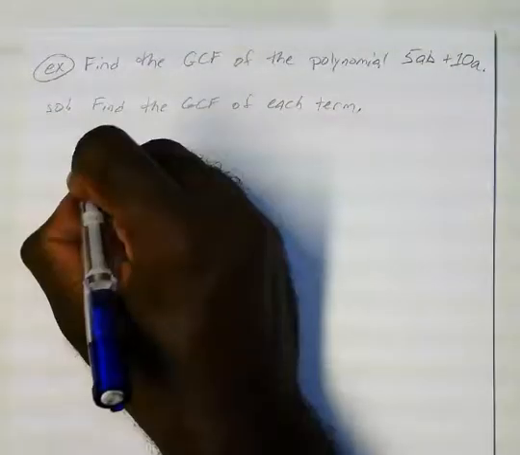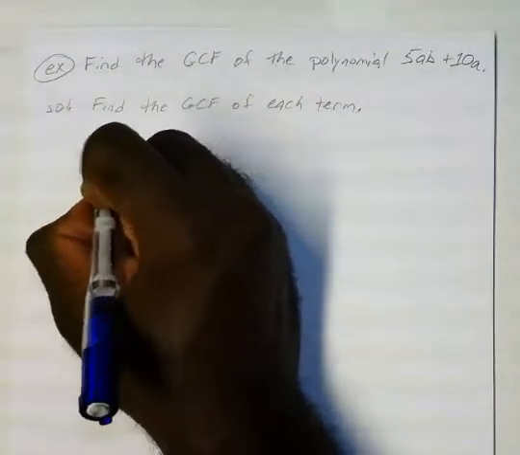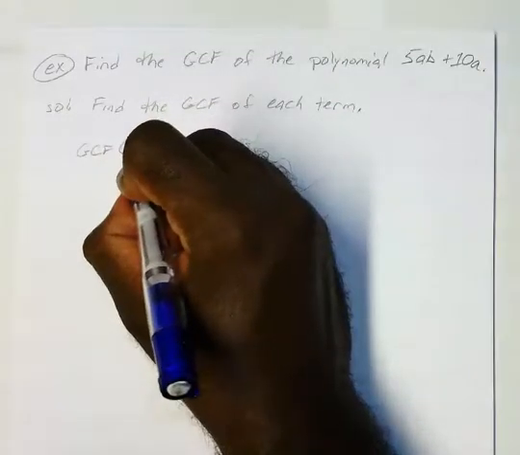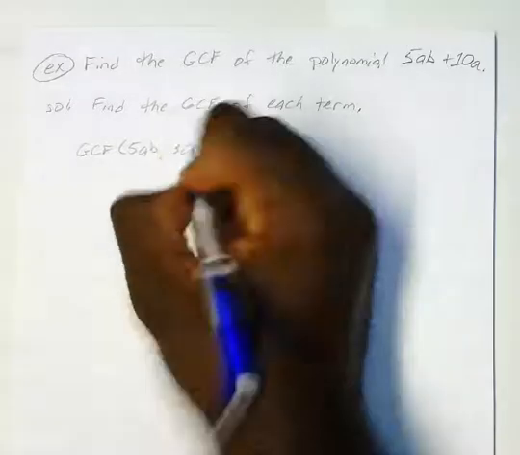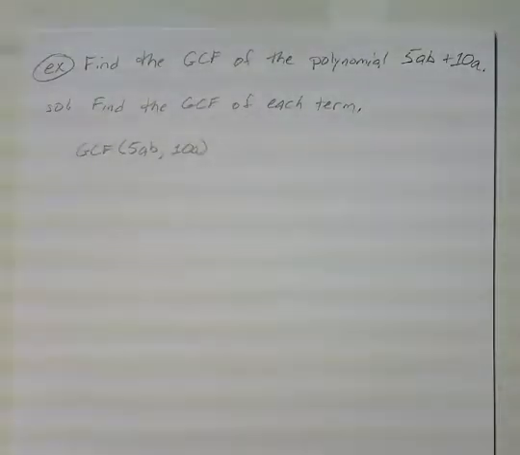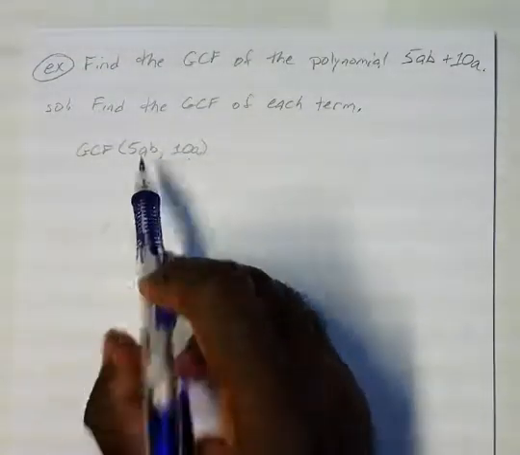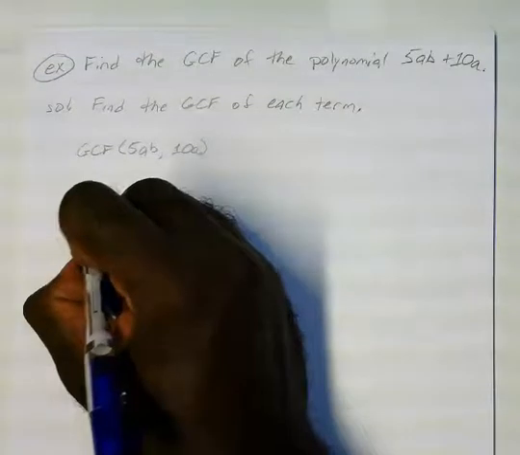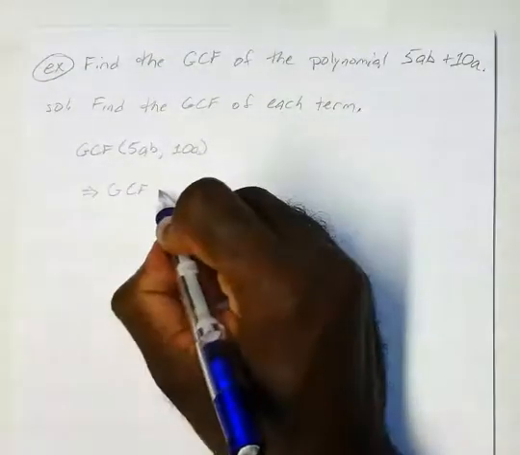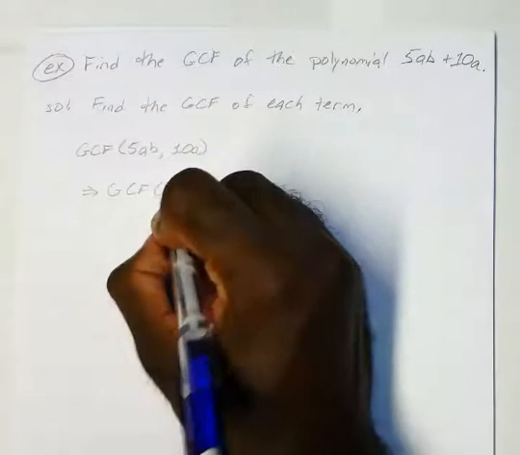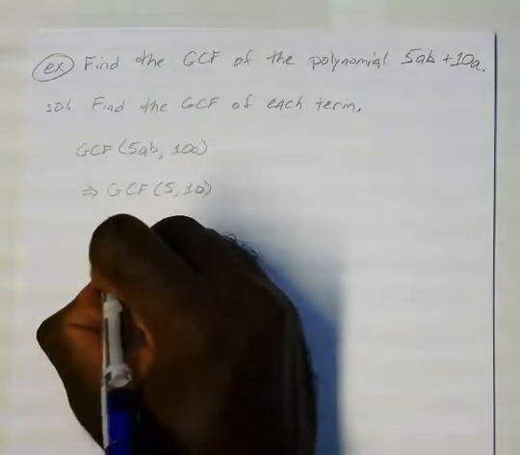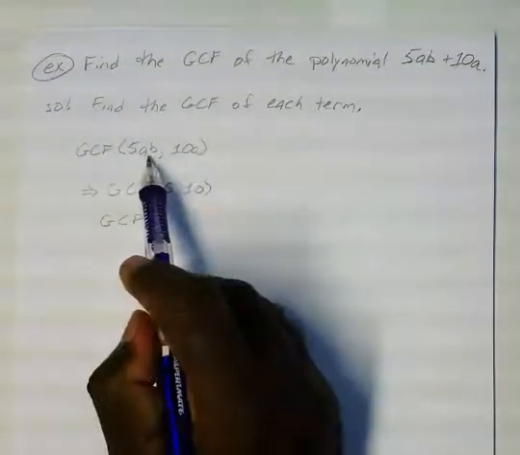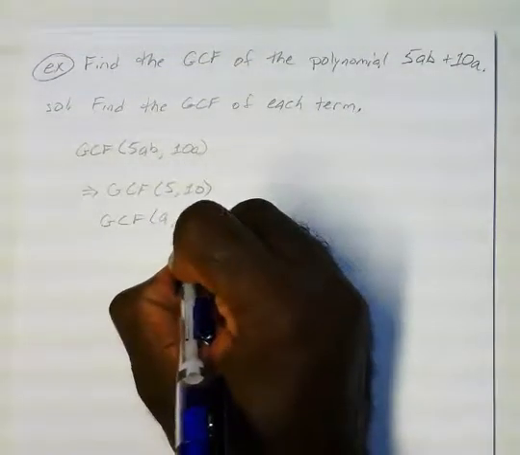All right, so the greatest common factor of both 5ab and 10a. That's what we're looking for. Okay. So remember what we did before. We have the greatest common factor of just the numbers. Then we have the greatest common factor of the a variable, a and a.